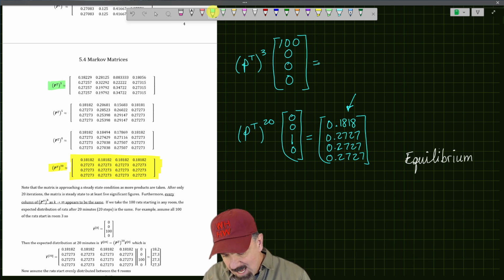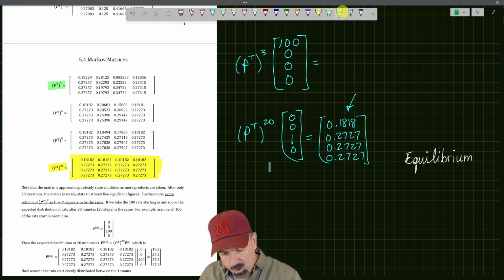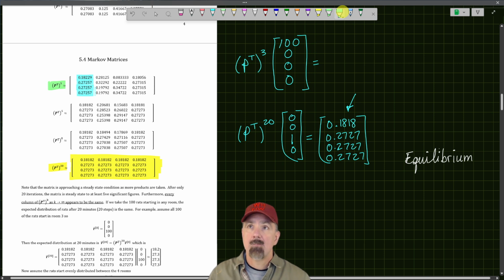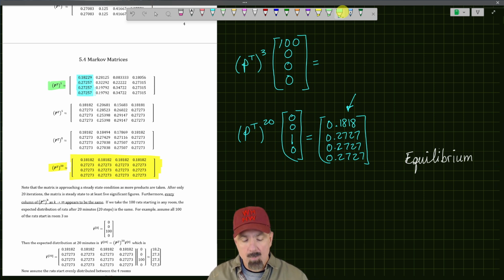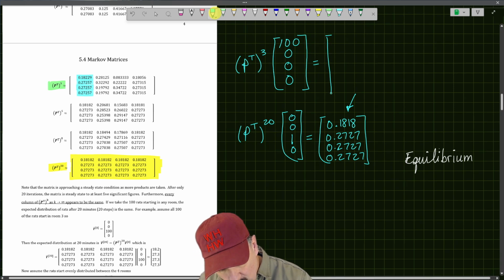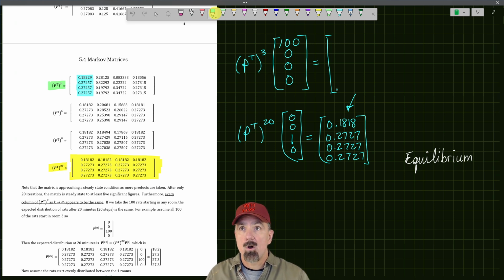And so we can see at the end that the distribution of the 100 starting in room 1 is going to look like 100 times that there, which is almost the equilibrium distribution, even after just a couple of steps, because this is a pretty small system.